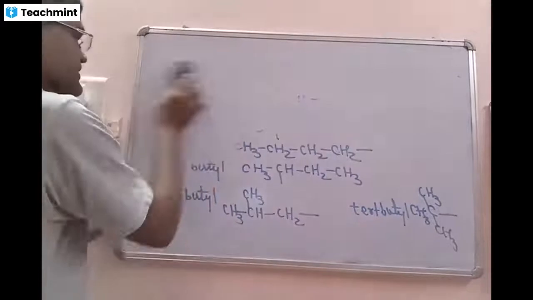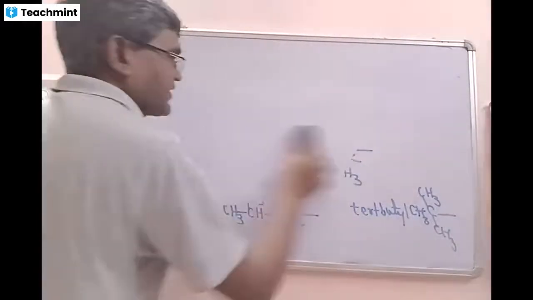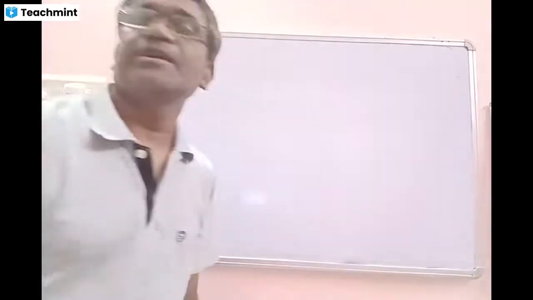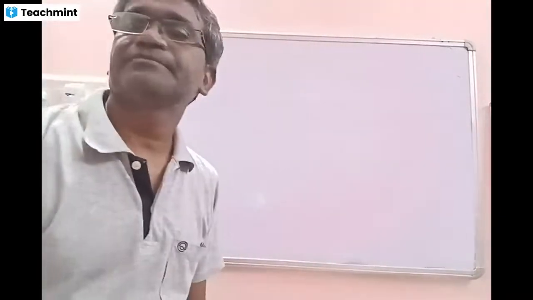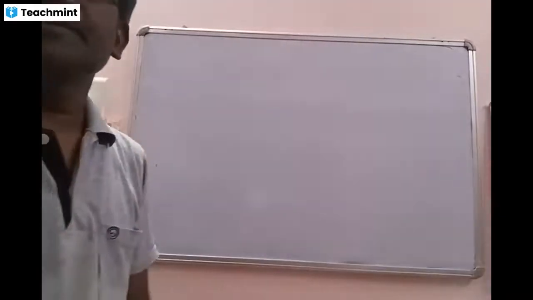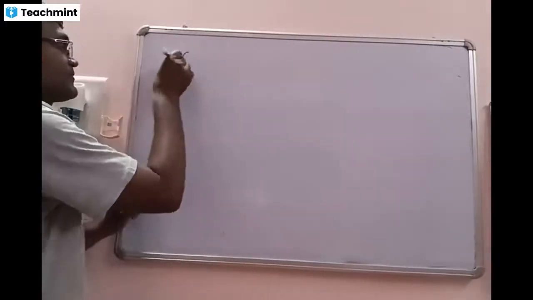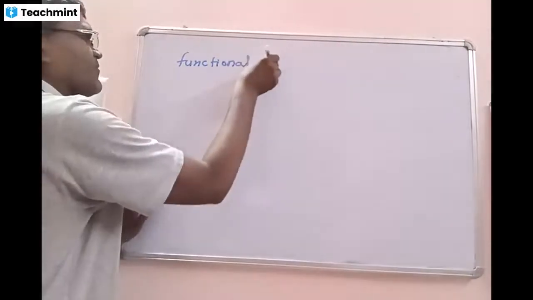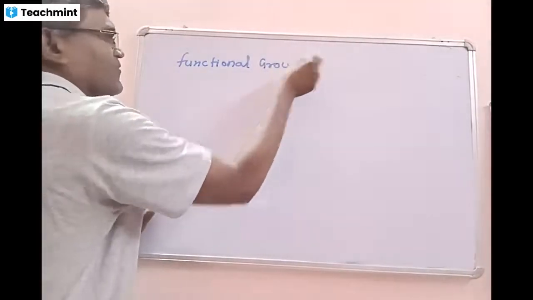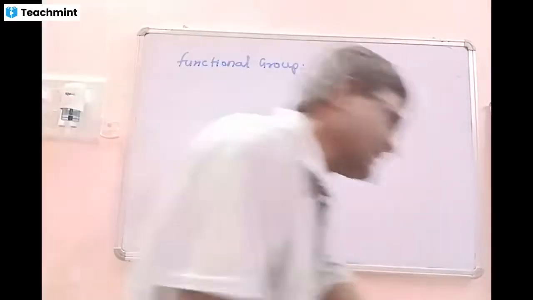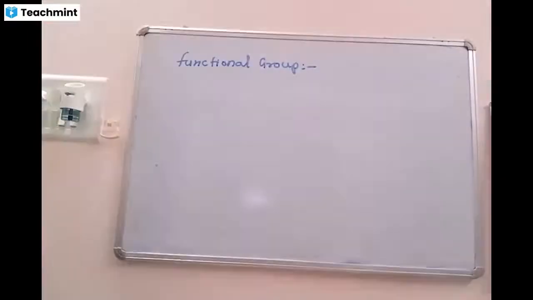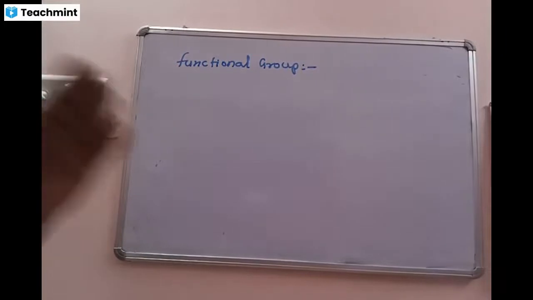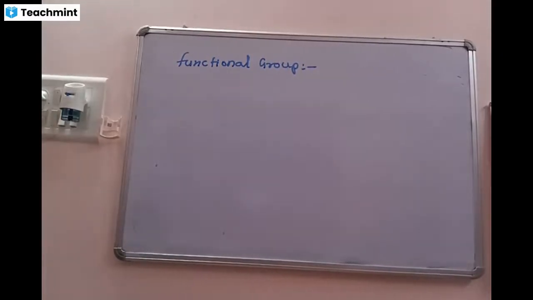Now once we have the alkyl group, we can have the functional group. This functional group is a single item or a group of items, and that will determine all the properties of that compound. All properties are associated with the functional group present in that compound.